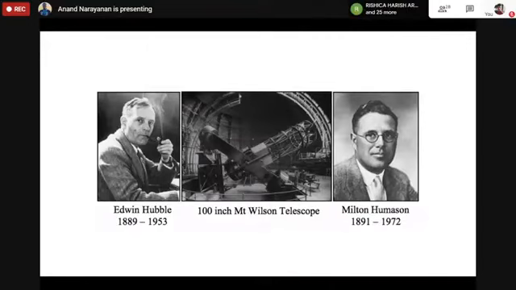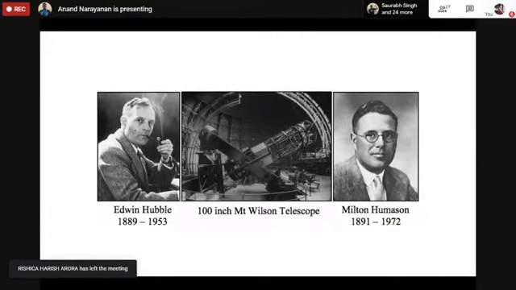Prior to the 1900s, astronomers did not even know that there were galaxies external to the Milky Way. So extragalactic astronomy is only 120 years old.